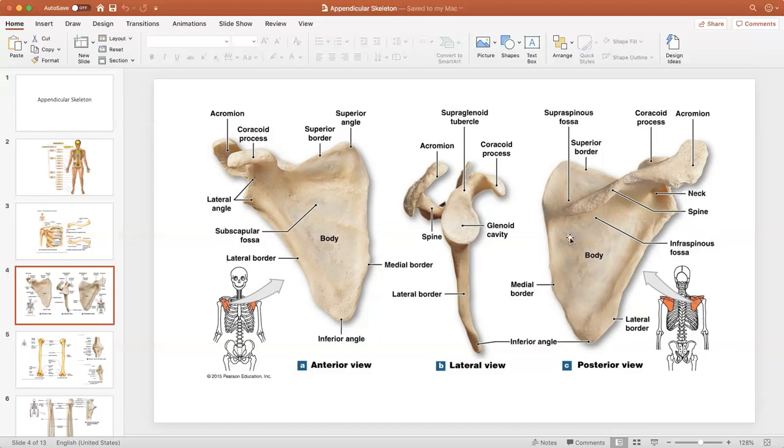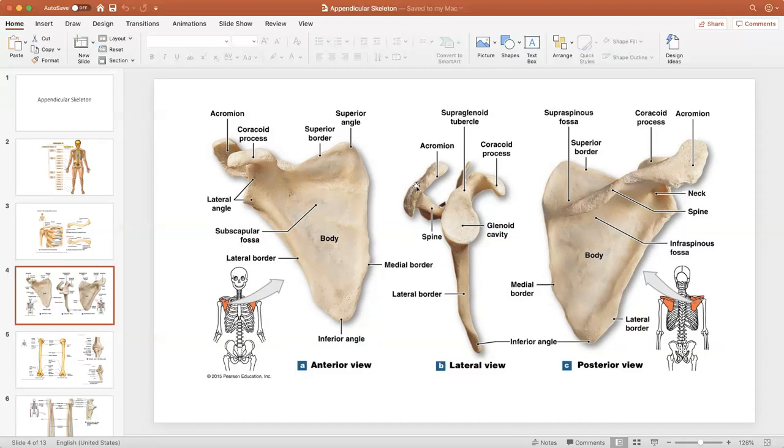Okay, so that'll orient where the bone is. But you have your spine of the scapula, and then superior to that, you have the supraspinous fossa. Inferior to that, you have the infraspinous fossa. So your infraspinatus muscle attaches down here. Your supraspinatus muscle is up here. We'll look at that in the muscles.